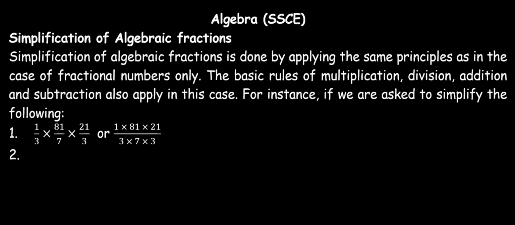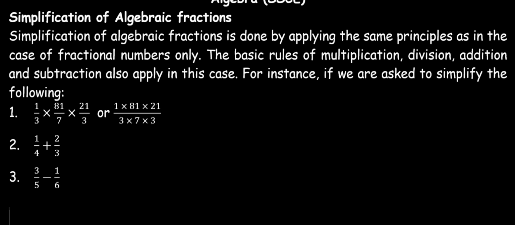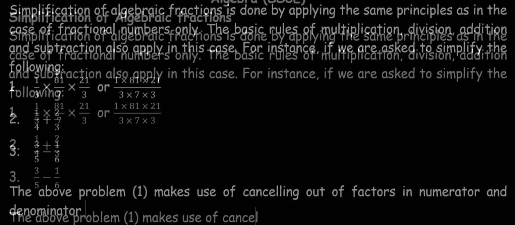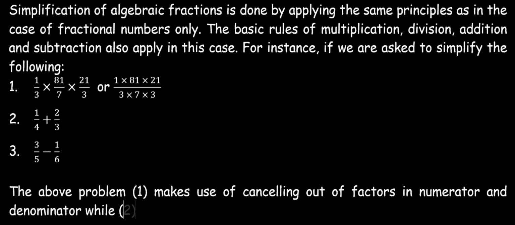If we are given 1 over 4 plus 2 over 3. 3. If we are given 3 over 5 minus 1 over 6. The above problem 1 makes use of cancelling out of factors in the numerator and denominator, while 2 and 3 make use of LCM of denominators.